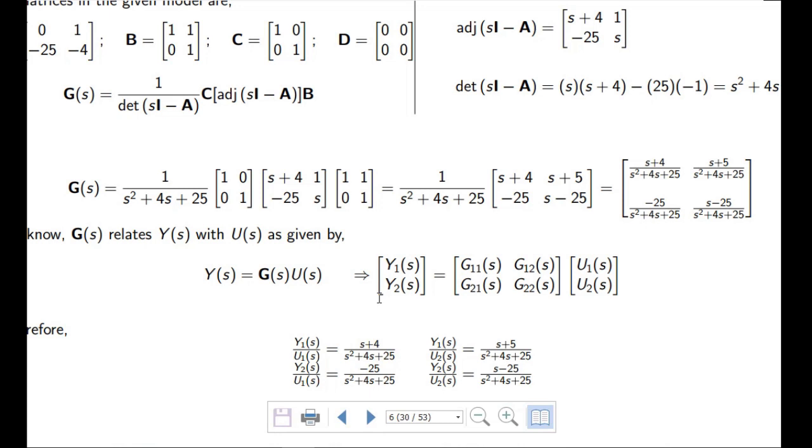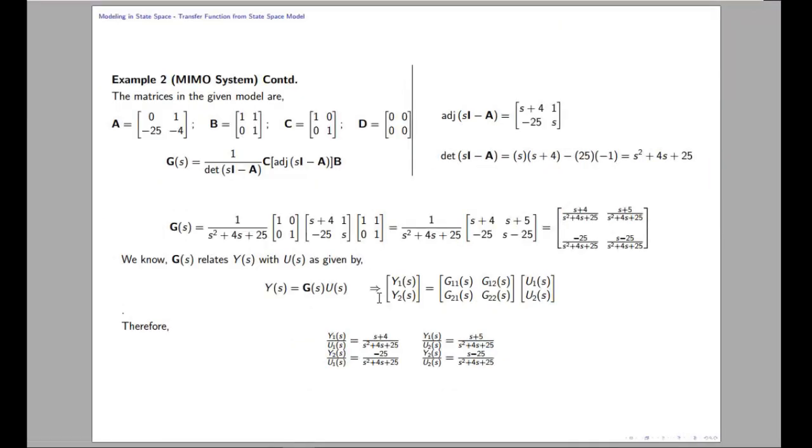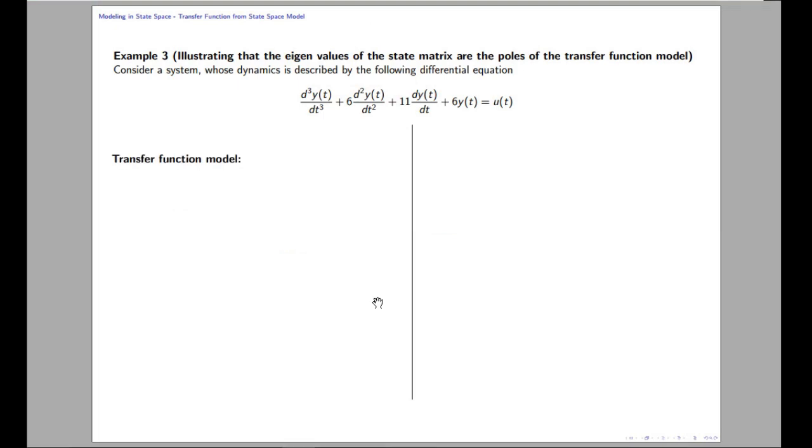So you should understand that the order of the system is nothing but the number of states. Otherwise, a second order system will have two state variables, and a third order system will have three state variables. A fourth order system will have four state variables. Okay, so that is clear in this example also.